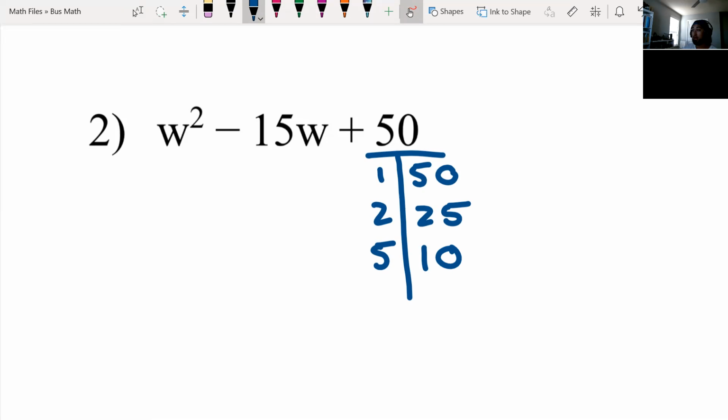Now look at these factors and which ones can add or subtract to give you 15. 5 and 10. And how would you write 5 and 10 to give you negative 15?